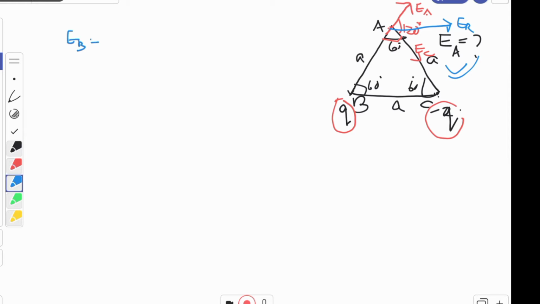EB will be how much? EB will be as per the formula KQ by a square. Then what is EC? EC will be nothing but KQ by again a square. See children, we are not taking the minus sign over here because we are only concerned about the magnitude. Okay, we need the value only, the value of the charge.